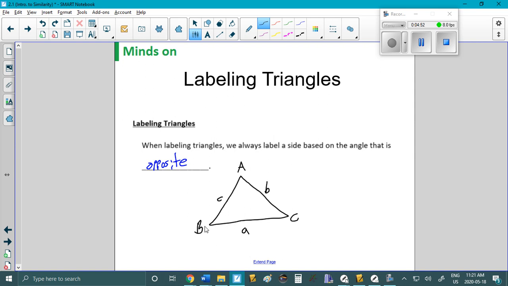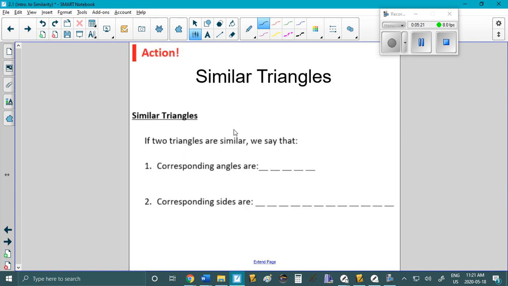But I think you can see the problem there is if we call this B, then we could also call this side B because both of these sides come from B. And so that's why, essentially, we give the name of the side to the only vertex or the only corner or the only angle that's not part of it. So we label across, okay? So that's how we label the sides. It's very important. It's a very simple concept. In class, we'd spend some time practicing this, but unfortunately, we can't do that in this forum.